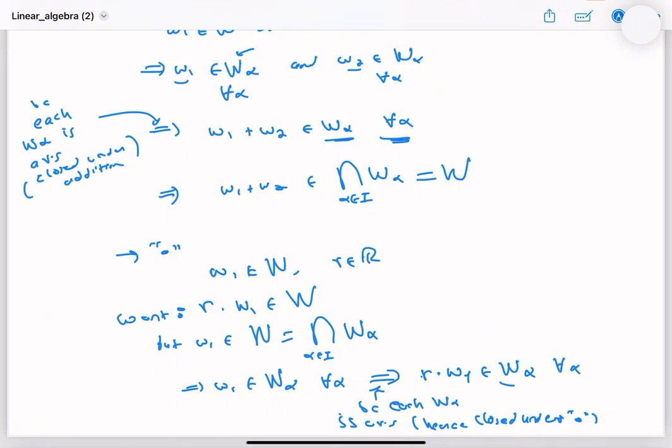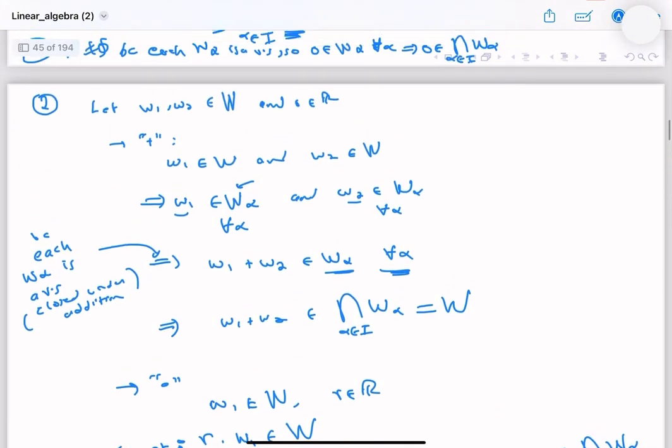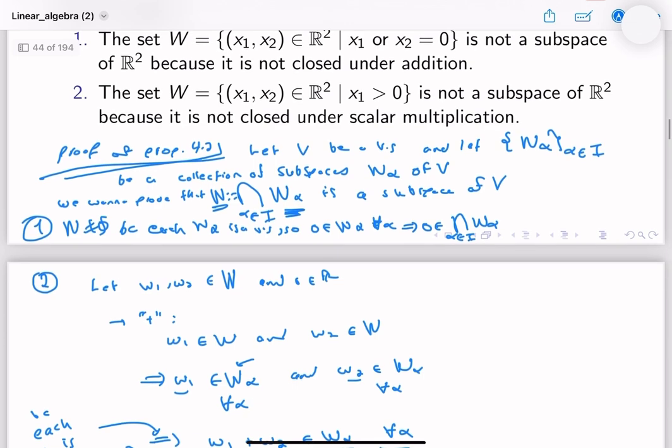Because W alpha is a vector space, and hence if we scalar multiply the vector omega 1, which was in W alpha, we still get a vector in W alpha. And thus by the definition of intersection, since this is for every alpha, we have that R dot omega 1 is in the intersection of all the W alphas. And that's it. We just proved closure under scalar multiplication, and this proves that this is a subspace.